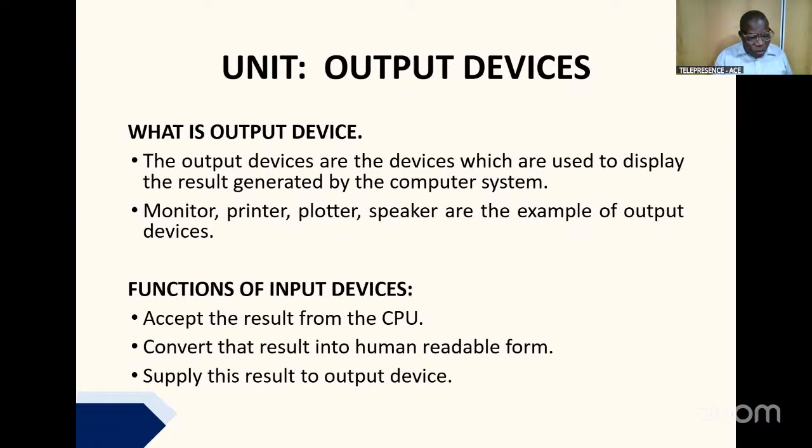Number one is to accept the result from the CPU. Please, that function is wrong. That's a cut and paste issue. It should be functions of output devices. Please correct it in your slides. Functions of output devices: accept the result from the CPU.